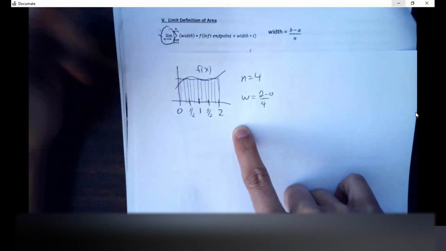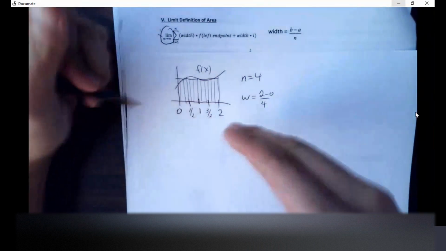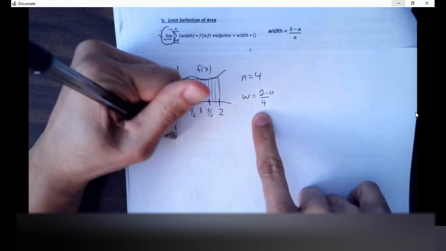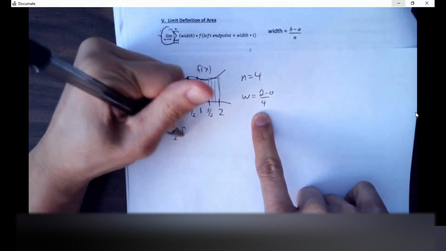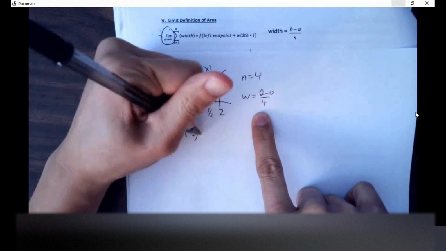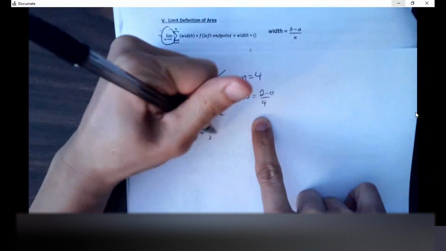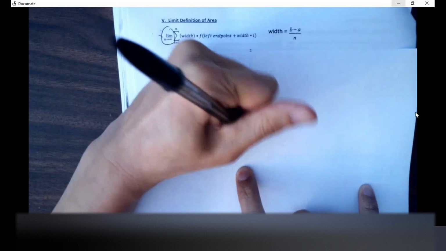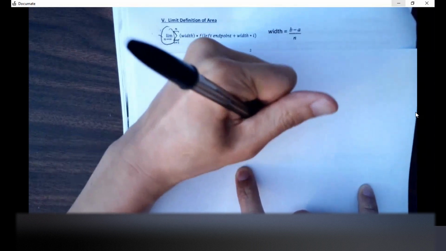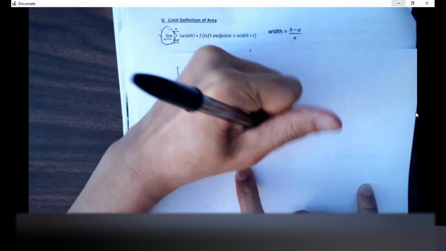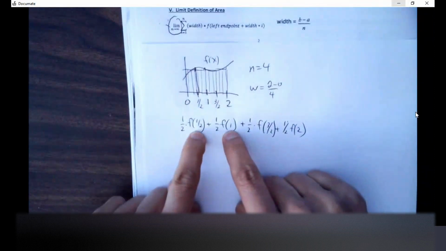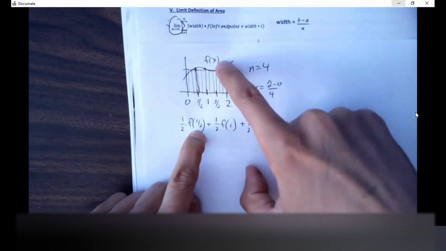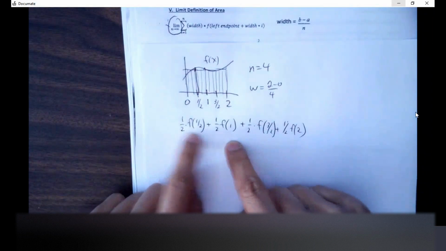And if I asked you for the area of right rectangles, you would do all this by hand: 1/2 times f of 1/2, plus 1/2 times f of 1, plus 1/2 times f of 3/2, plus 1/2 times f of 2. Then you would plug the 1/2, the 1, into the function, get the y value, and then get the width and height.